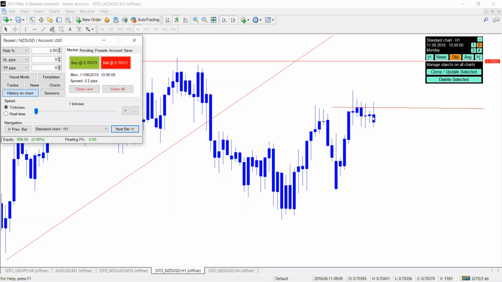Now we have more of a rejection wick coming from the upside, and we can see a bearish push down and a close below this structure. It's still within the range, but it closed below the price that it was struggling to close below before.